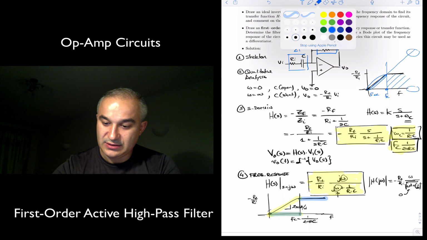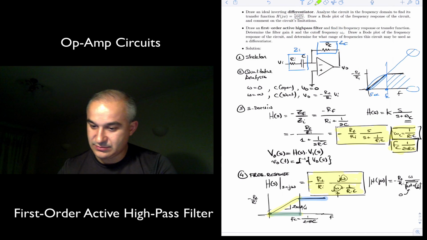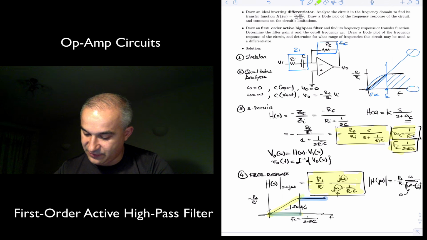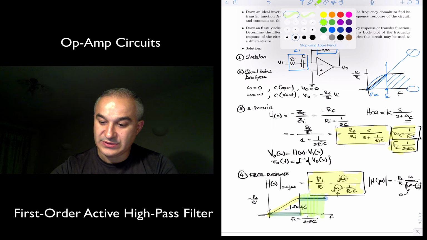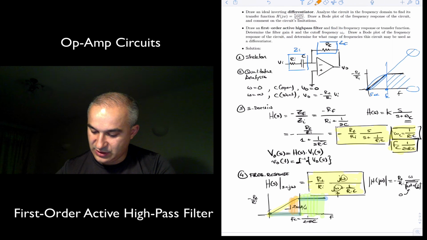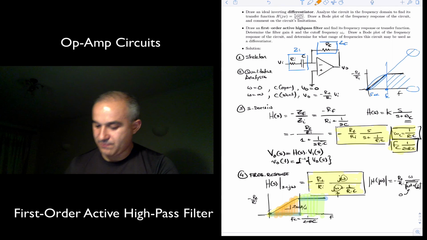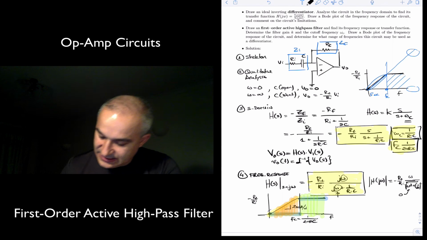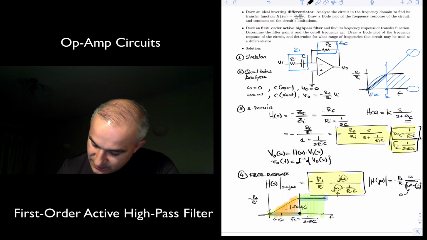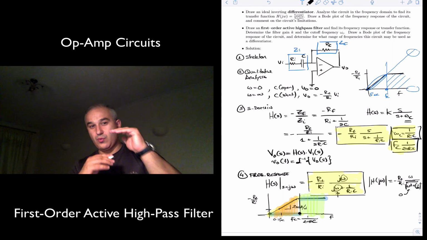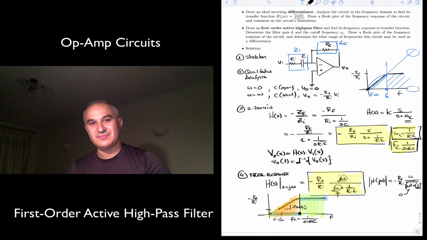As we can see, it's a high-pass filter because high frequencies go through and they get amplified, and low frequencies get attenuated. Okay. Now, this is in dBs, so if this is Fc, 1 decade before, at 0.1 Fc, the gain went down 20 dBs, or 1 over 10. Thank you.